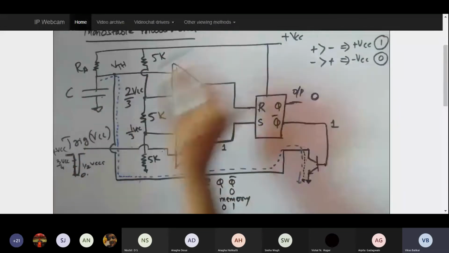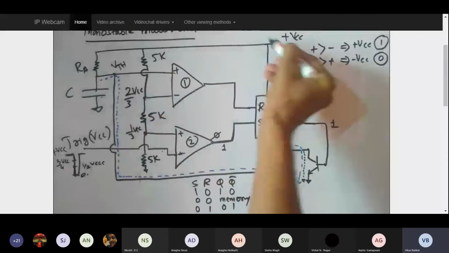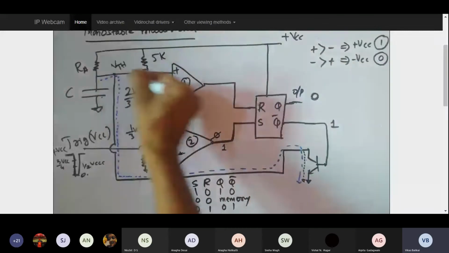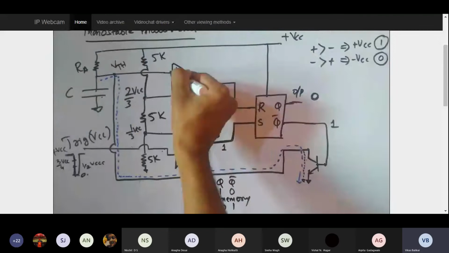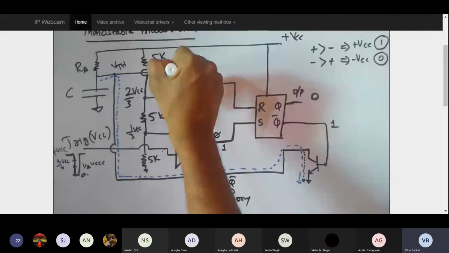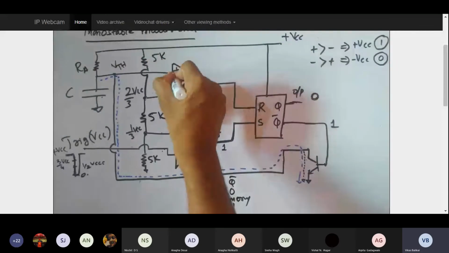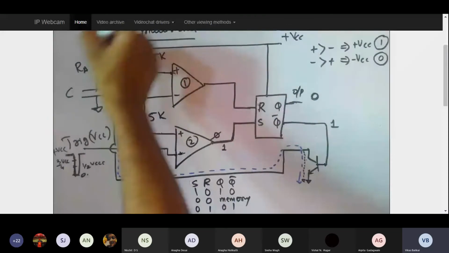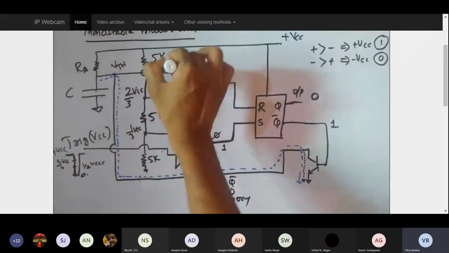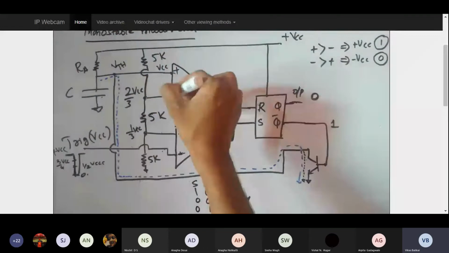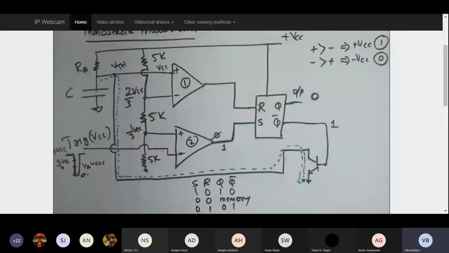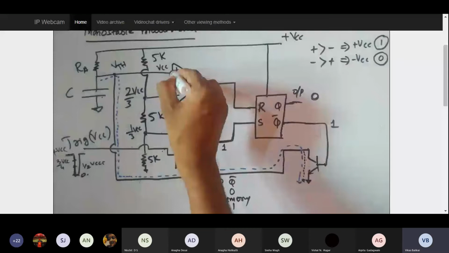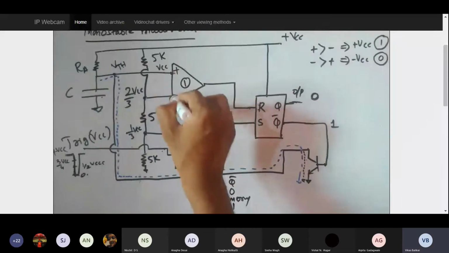Initially when VCC is slowly coming, at that point of time it is slowly rising to this particular point. So initially the value will be less than 2/3 VCC, and as and when VCC starts to increase, the value will reach VCC. Among these two conditions, the highest potential is at the non-inverting terminal and this is at the lowest potential.